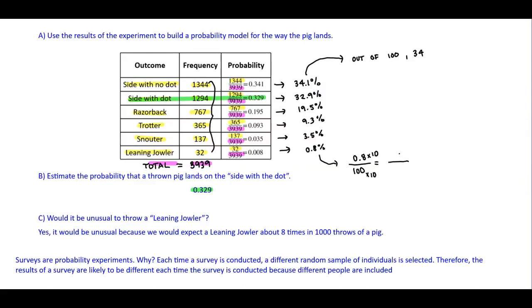So 0.8 times 10 is going to give us 8, and then 100 times 10 is going to give us 1,000. So that's how they're getting the following result. They're saying that this is 8 out of 1,000. So yes, it would be unusual because we would expect a leaning jowler about 8 times in 1,000 throws of a pig, because that's what that would represent.